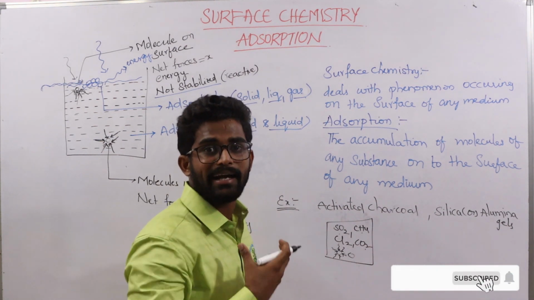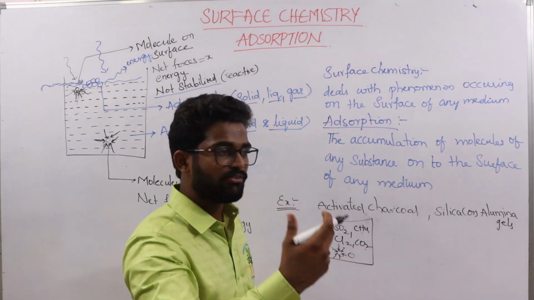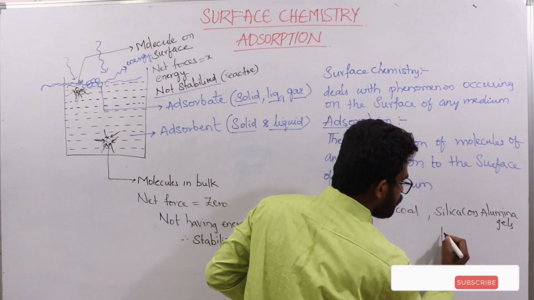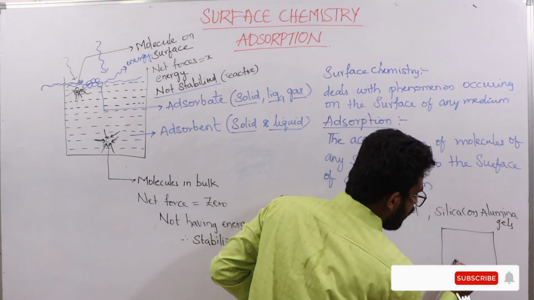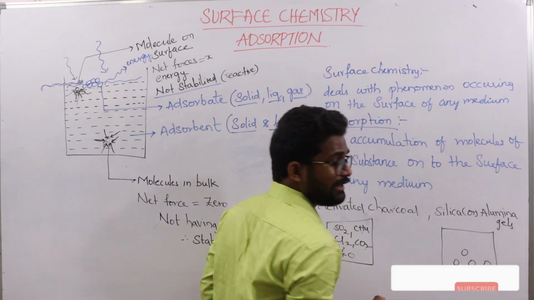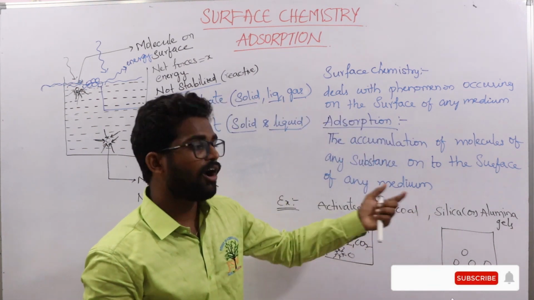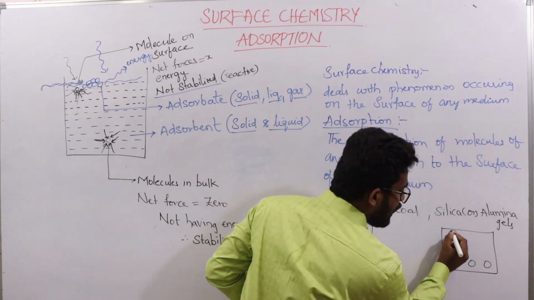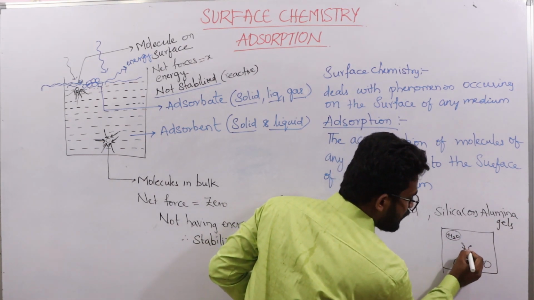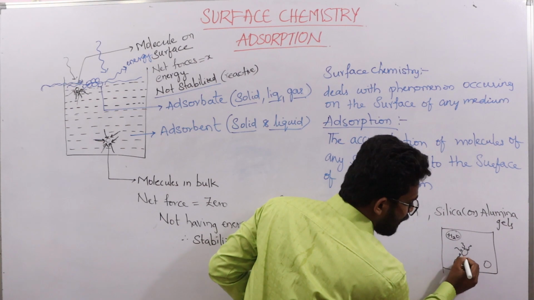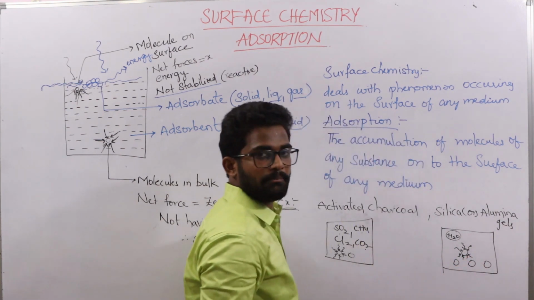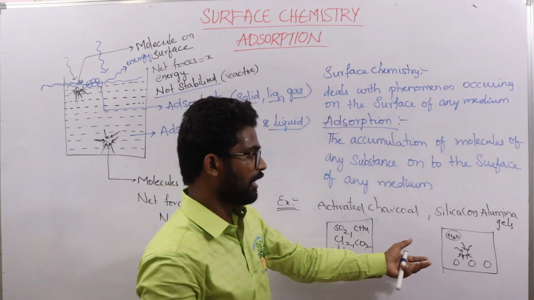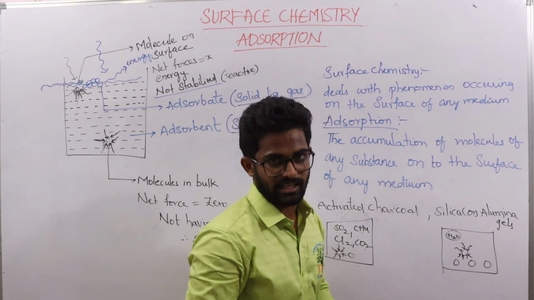If we want to create an atmosphere free from moisture, we just add alumina or silica gels into it, because these gels absorb the water molecules onto their surface. After some time we can just remove the silica or alumina gels.